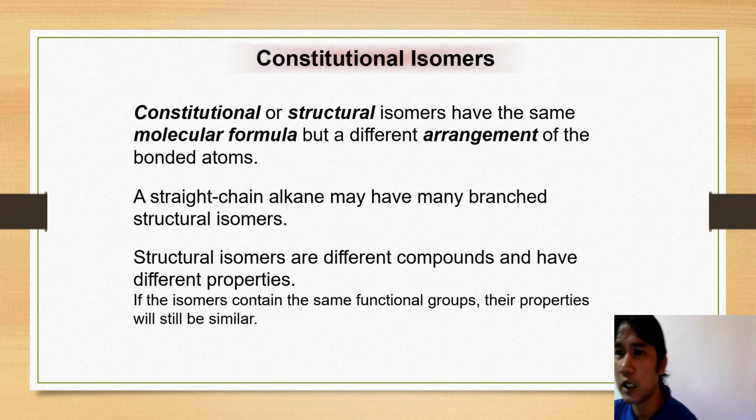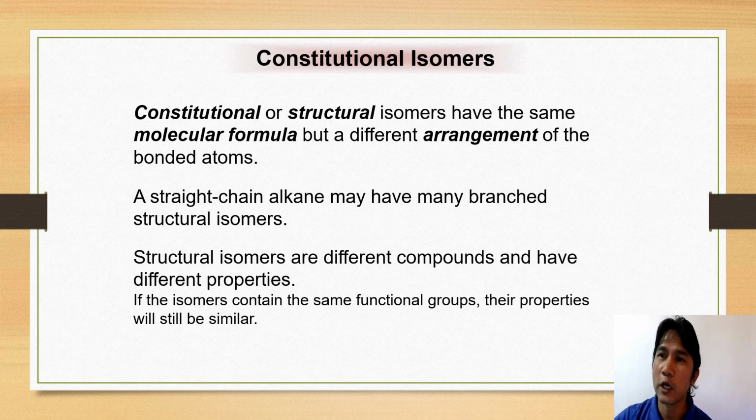There are what we call isomers. Isomers are compounds that have a different arrangement of atoms but the same molecular formula. We have constitutional or structural isomers. They have the same molecular formula but different arrangements of bonded atoms. For example, I have here 1, 2, 3, 4 carbons.